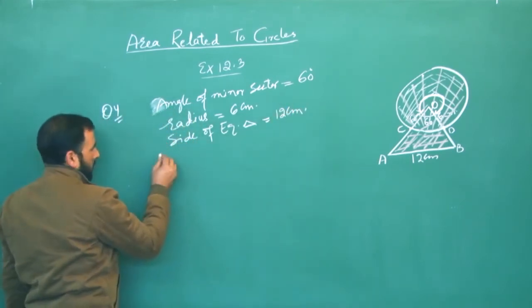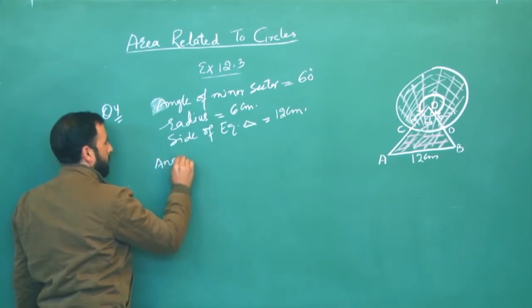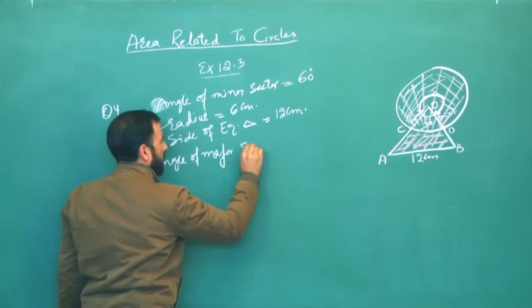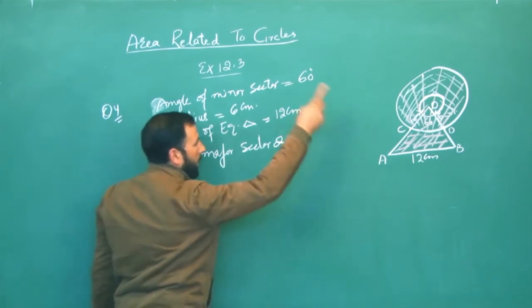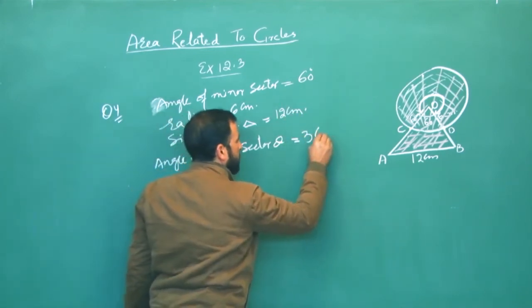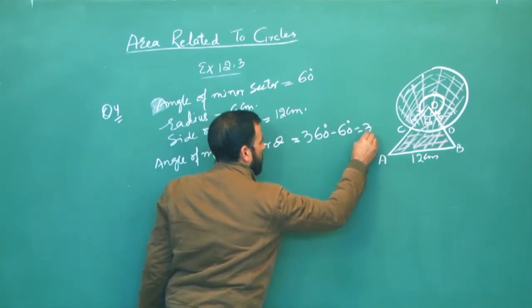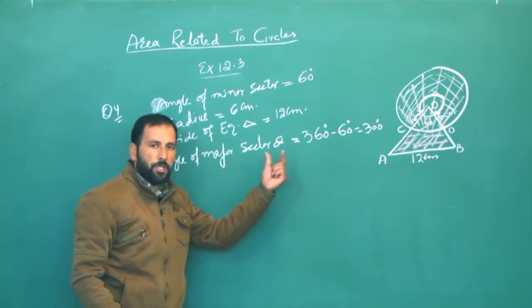Now, the angle of the major sector, let it be theta, is equal to the complete angle, 360 degrees minus 60 degrees, that equals 300 degrees, which is the angle of the major sector.